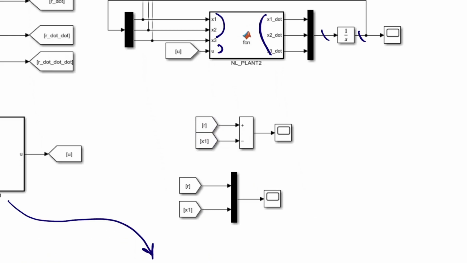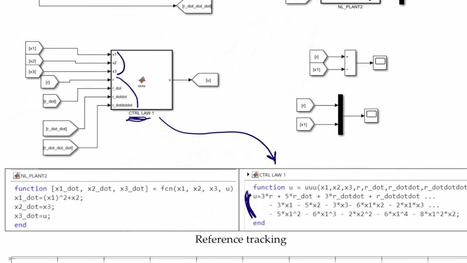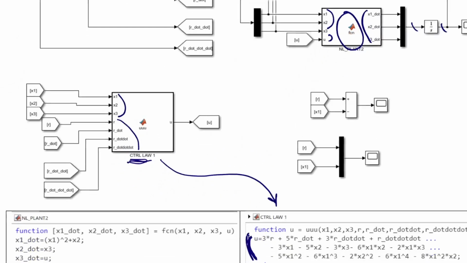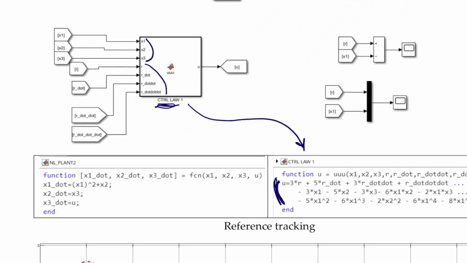We can also see the reference and x1 signals in the same plot. And here this is the x dot equals f of x comma u type of block, and in that block we wrote that down. If you recall, this is the dynamical system expression, and these are the dynamics.